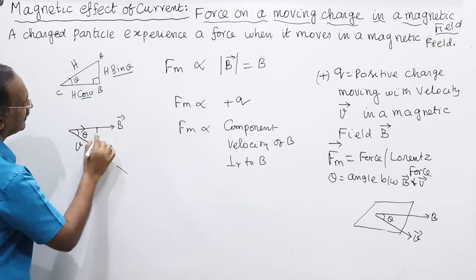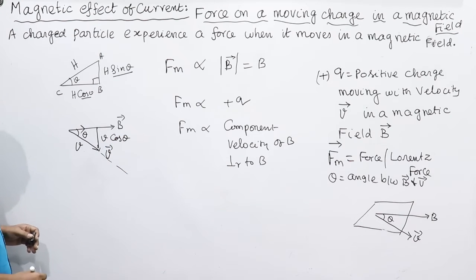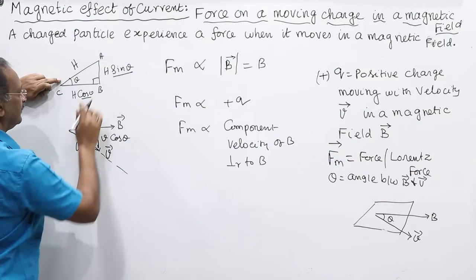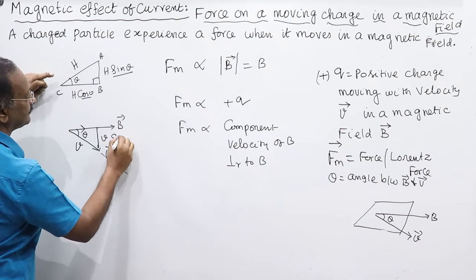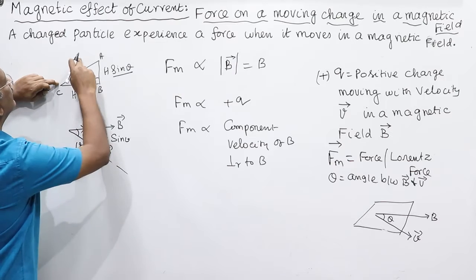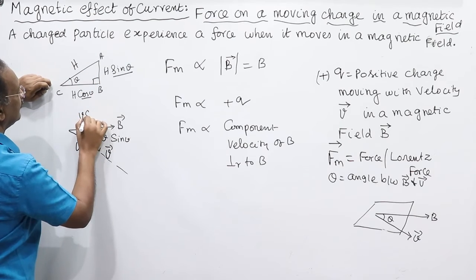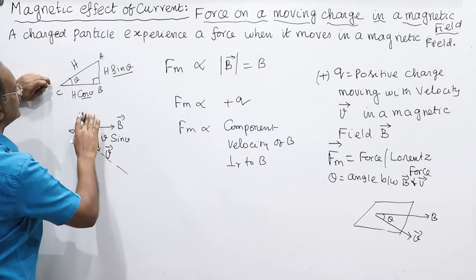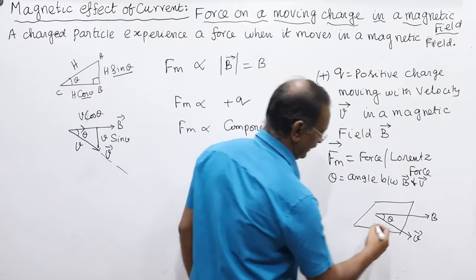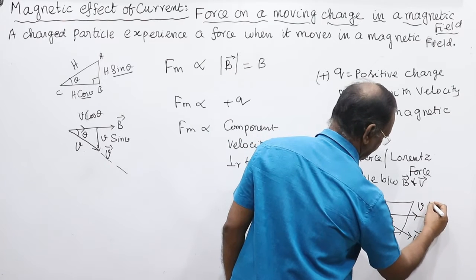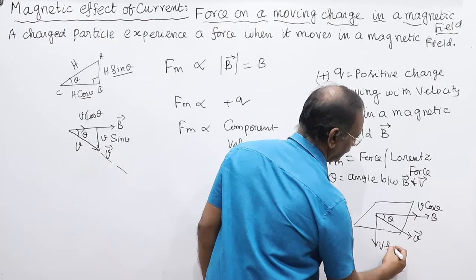The side far off from theta is hypotenuse into sin theta, and the side nearby is hypotenuse into cos theta, that is v cos theta. So the velocity can be made into two components: one in this direction, v cos theta, and one in the direction v sin theta.